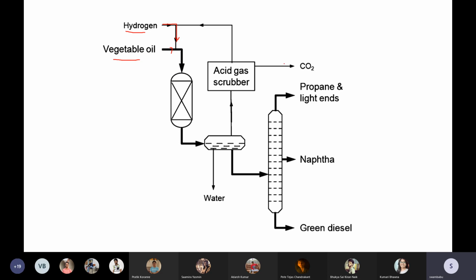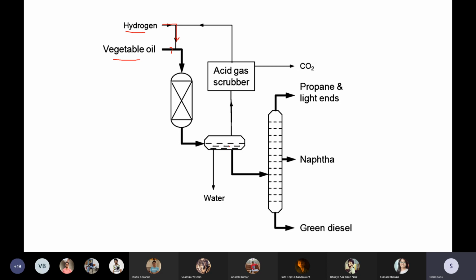If you use solvents, which I discussed earlier in the syngas to ammonia production process, or any base components like NaOH, then you can scrub or absorb CO2. Then this unreacted hydrogen will be recycled back and water is taken out.